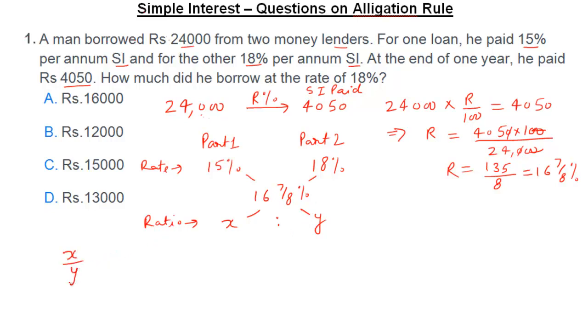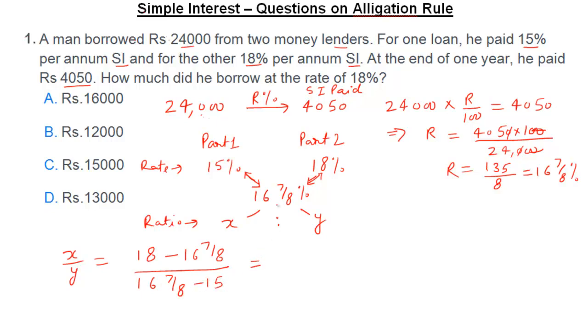X by y or x is to y, you go in the direction of x here and notice this difference. So this difference is 18 minus 16 whole 7 by 8, divided by, you go in the direction of y and notice this difference, 16 whole 7 by 8 minus 15.